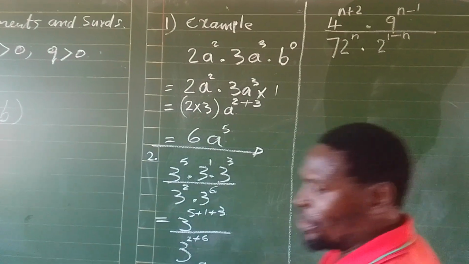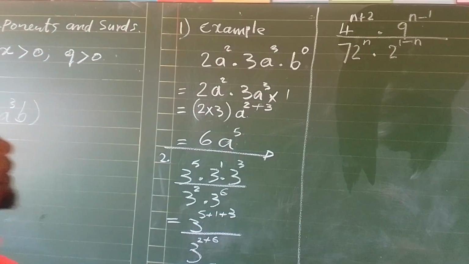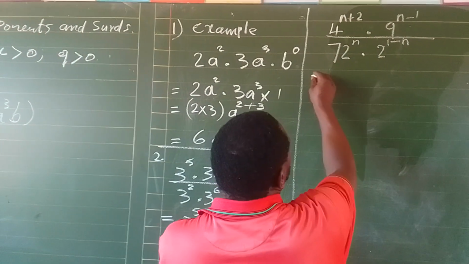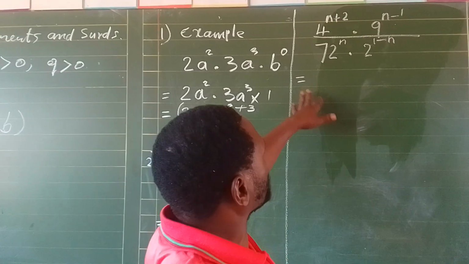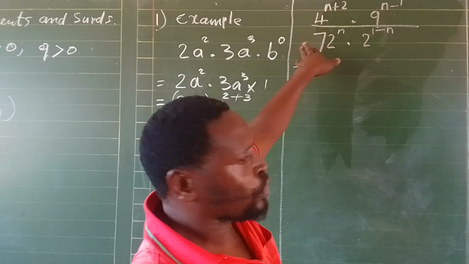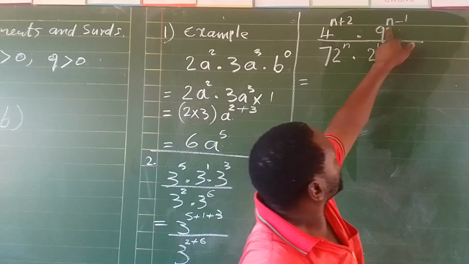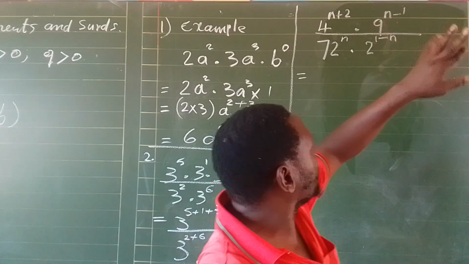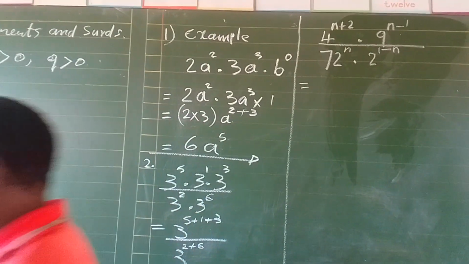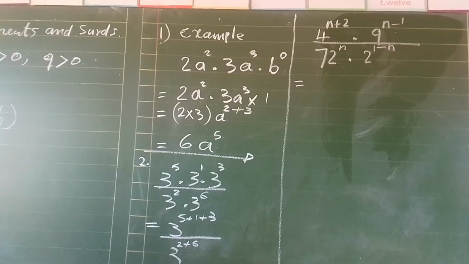Yeah, this is all what you were given. Now, if you can check, here we want to simplify this as far as possible. If you can check, 2 is going to have 2 as a base. 9 is going to have 3 as a base. And 72 is 9 times 8.